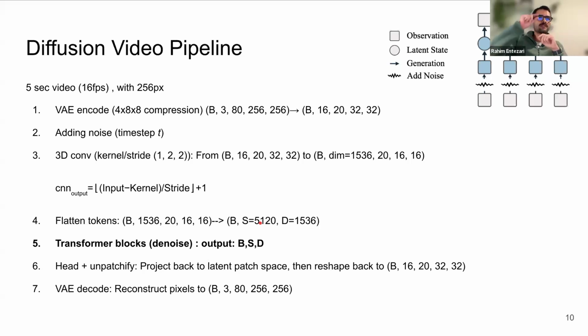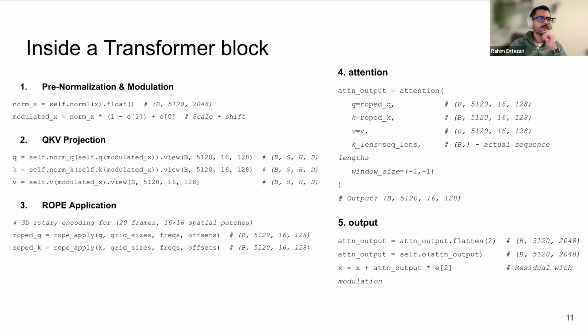Because if this is top left and another one is second row top left, we want to make them close enough so that the transformer knows that they are connected to each other. That's why we use some sort of positional embedding. We don't want to lose this information. One way to apply positional embedding is 3D RoPE, because we now have 3D data, 20 frames by 16 by 16 spatial patches.